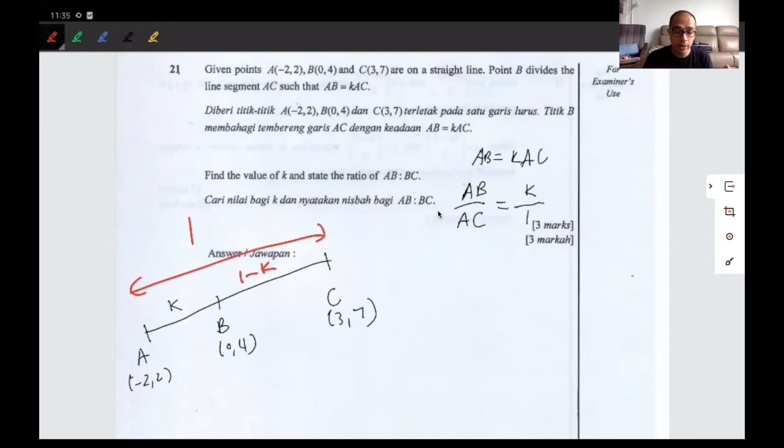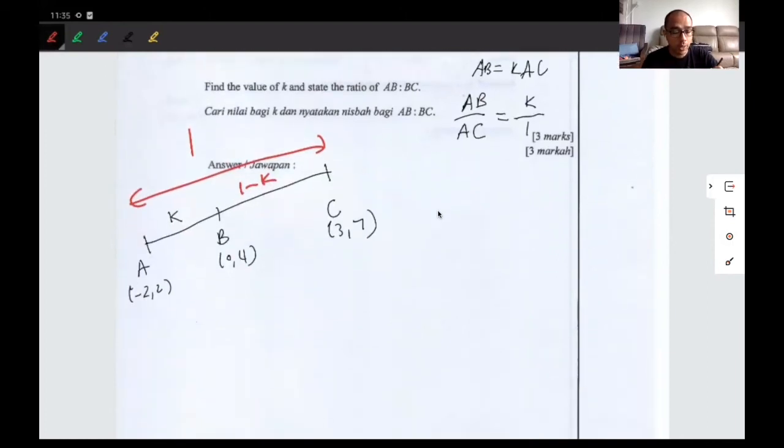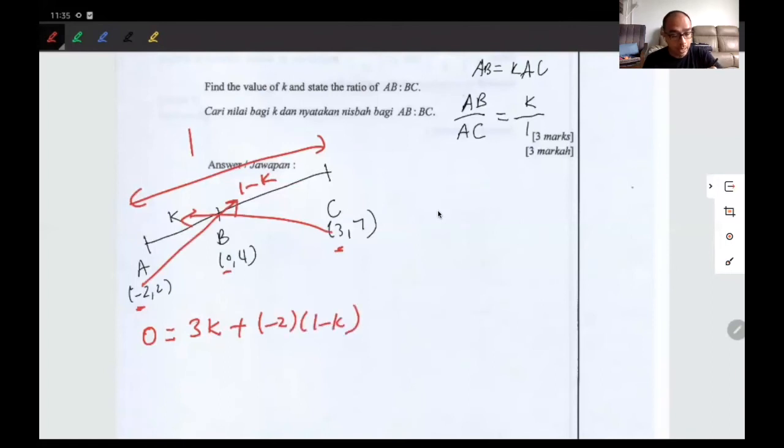So let's take a look at this. I use the x coordinate: 0, negative 2, and 3. So 0 equals 3 times K, ini darab dengan ini darab dengan ini, plus negative 2 times 1 minus K, over K plus 1 minus K. Remember the formula, the m and n formula?